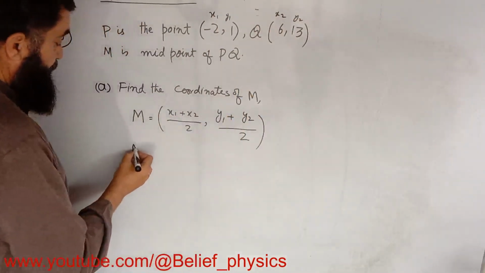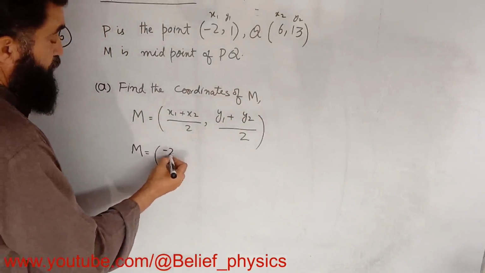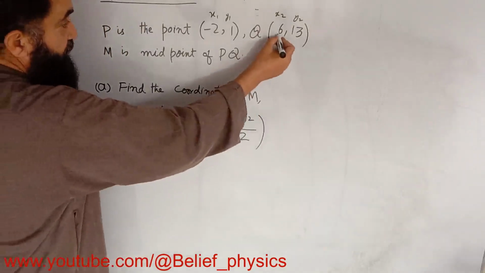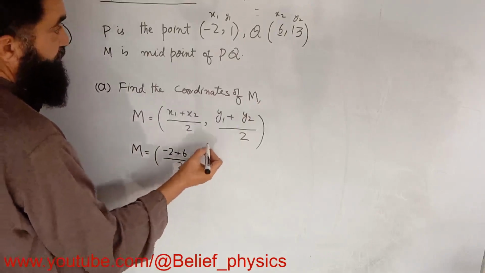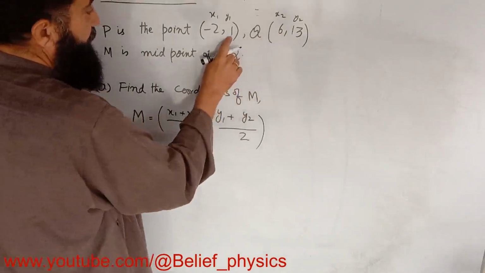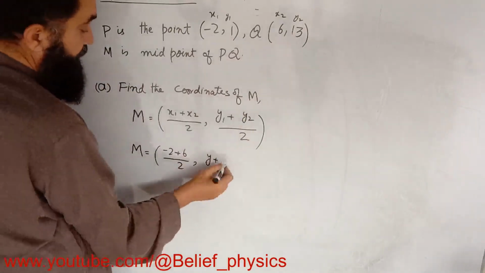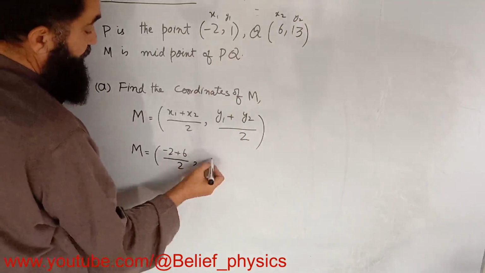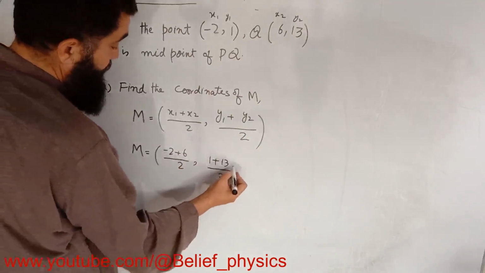Therefore M, the midpoint of PQ, will be equal to ((-2 plus 6) over 2, (1 plus 13) over 2).